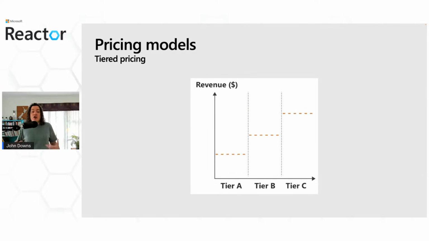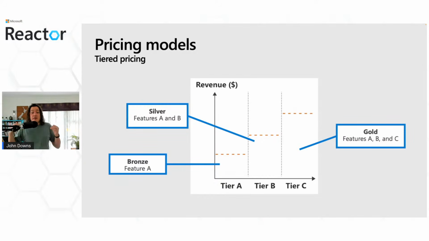Similarly, you might not provide a free tier, but you might instead provide multiple tiers at different price points with different feature sets. Now, when you use the freemium or this tiered pricing model, you need to think carefully about how you'll enforce these kinds of rules architecturally. For example, how will you enforce API limits on your lower tier customers? Services like Azure API Management can let you do that.